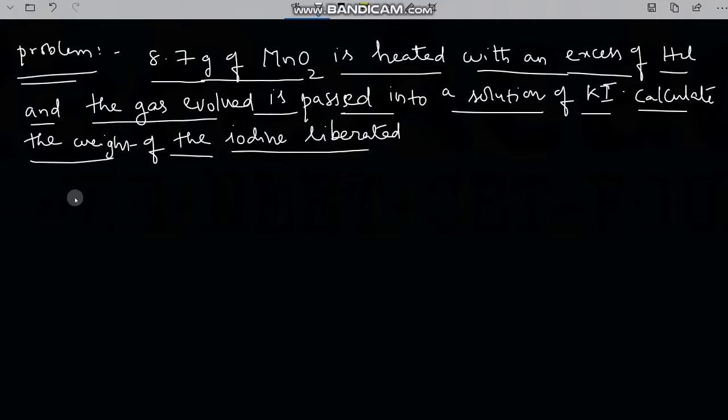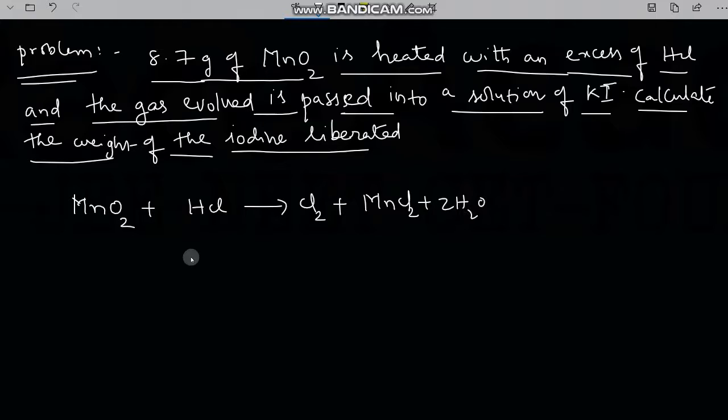From this question, the chemical reaction is taking place between manganese dioxide and hydrochloric acid. We know that manganese dioxide and hydrochloric acid give chlorine gas, the preparation of chlorine, with manganese chloride and water as byproducts.